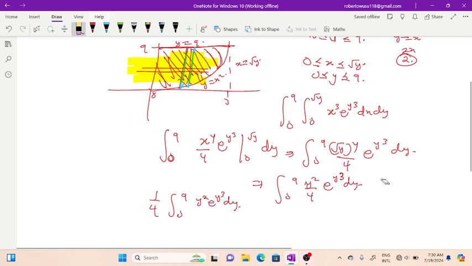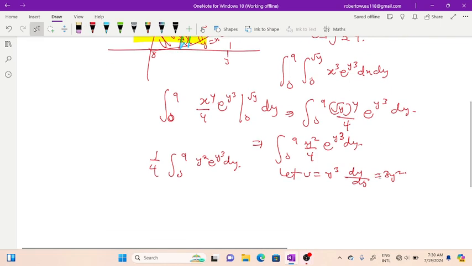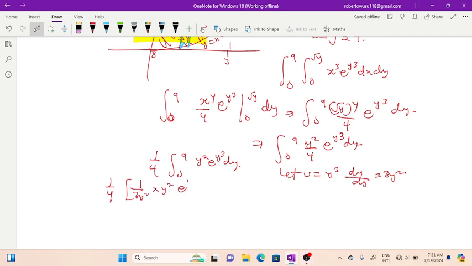At this point, let u equal y cubed. du over dy is equal to 3y squared. Once I get 3y squared, I'll have to divide by the whole expression, so let me go the manual way. Dividing by the whole expression, I'll have 1 over 4, then 1 over 3y squared multiplying y squared e to the power y cubed.